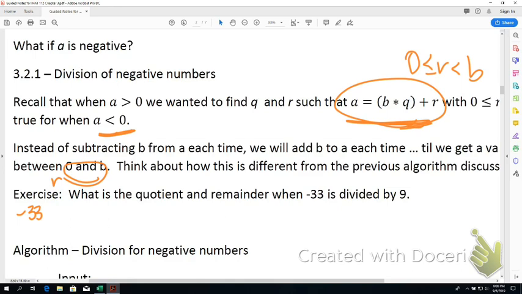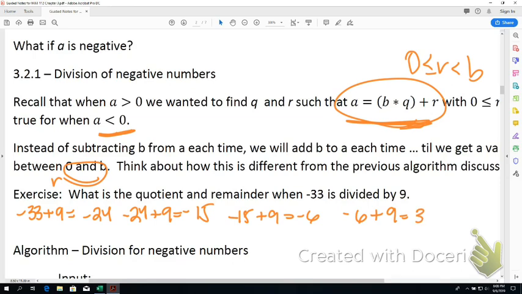Negative 33 plus 9 will give me a negative 24. And then negative 24 plus 9 will give me a negative 15. Negative 15 plus 9 gives me a negative 6. Negative 6 plus 9 will give me a 3.